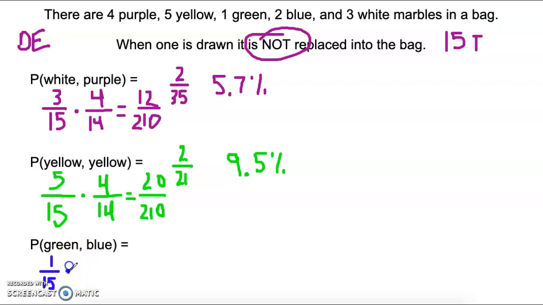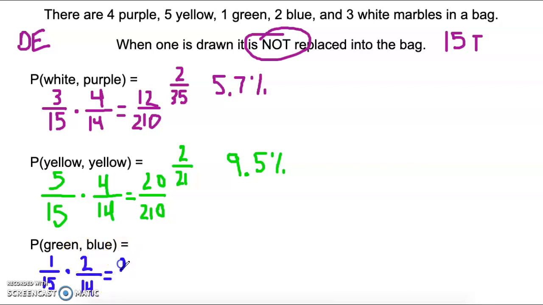Then we multiply that by the probability of drawing a blue marble, assuming that we did successfully draw a green. All right, so if we took a green marble out of the bag, there are still 2 blue marbles in the bag, but there are only 14 total marbles left in the bag because that 1 green marble was taken out. So then we multiply.